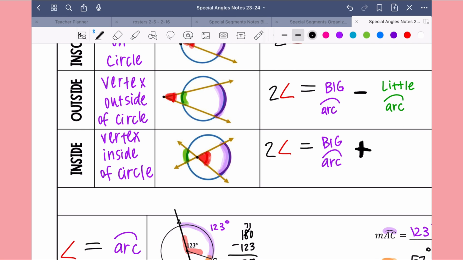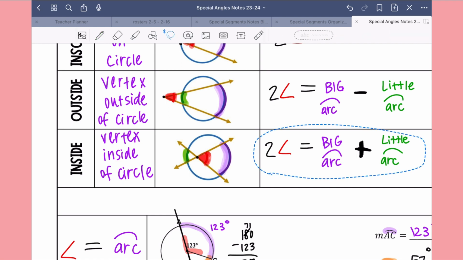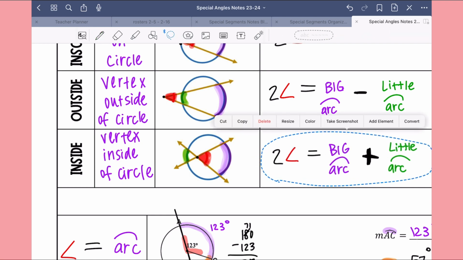Sorry, I'm trying to emphasize the plus. Plus the little arc. That is the only difference between the formulas: the minus turns to plus this time. I'm going to copy that equation to do that fourth example here.